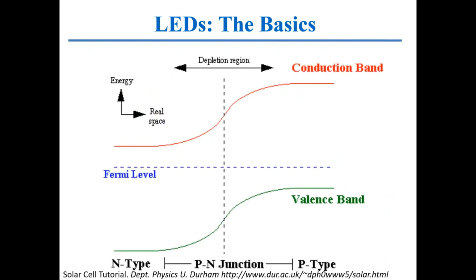And then, because the Fermi level has to equalize, we get this continuous bending of the band across the material. This is the junction region, where we're going from N to P, with a continuous transition from the P to N.